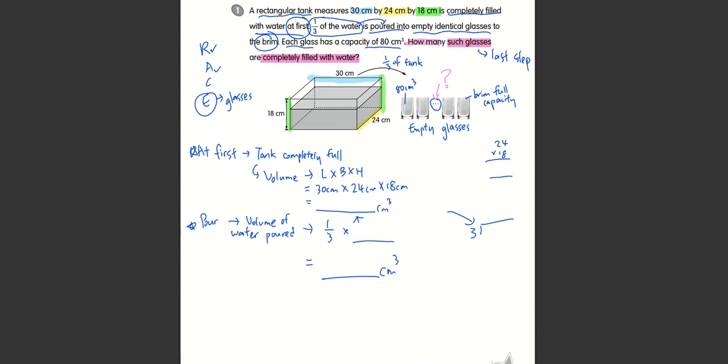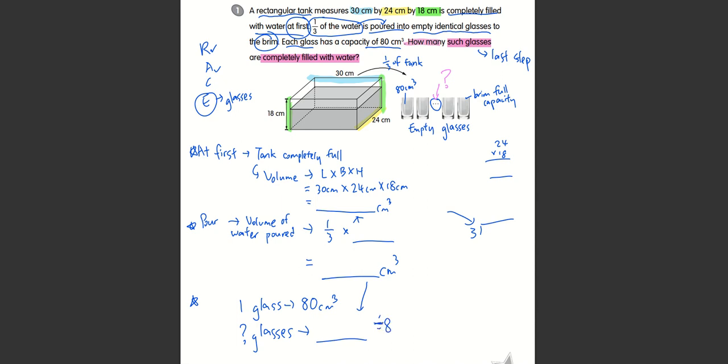Okay, the final step is I'm pouring all this water into glasses. So I have one glass. The capacity is 80 cubic centimeters, right? So that's one glass. And to find out how many glasses, I just take this amount here and divide by each of them, 1 unit is 80.